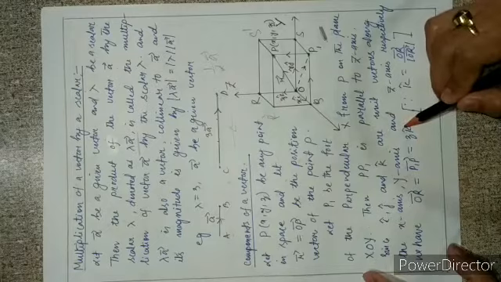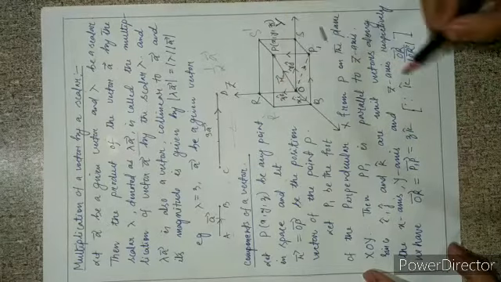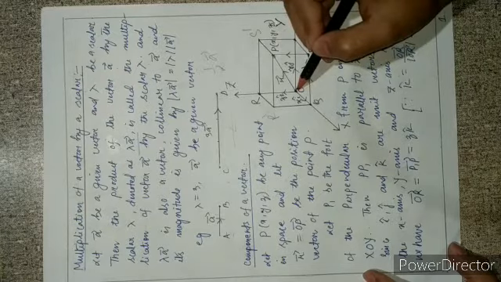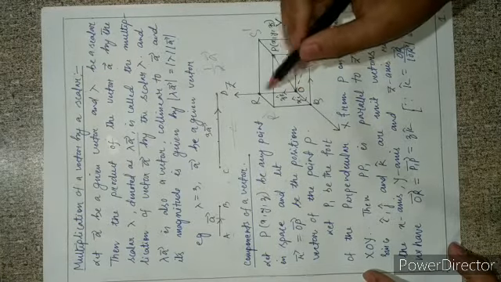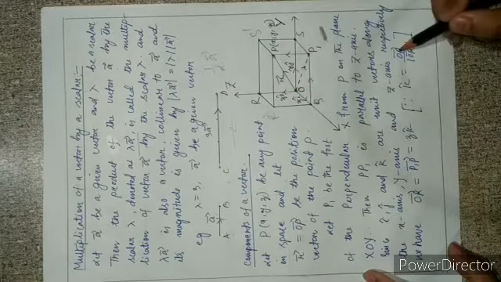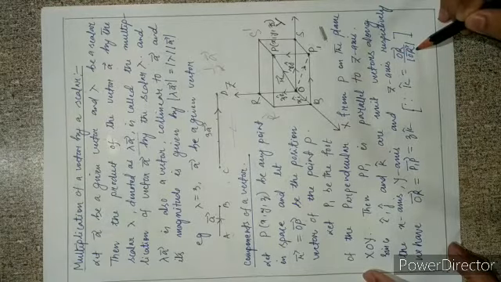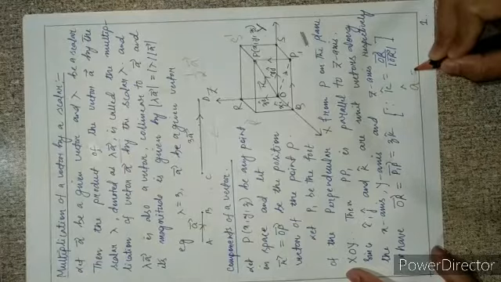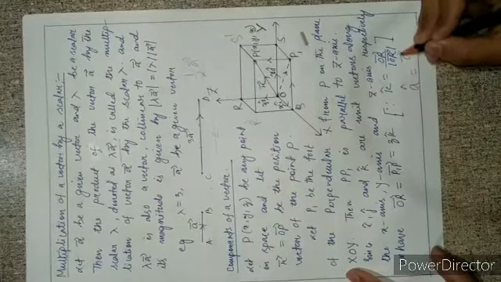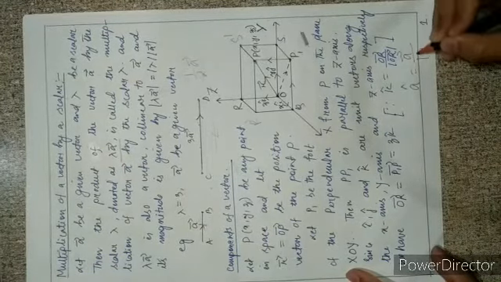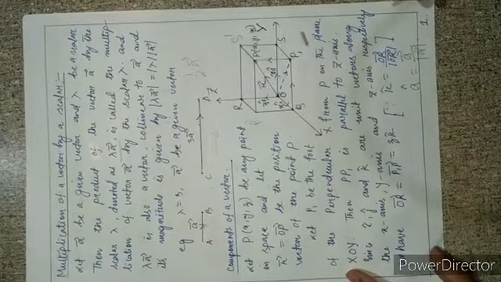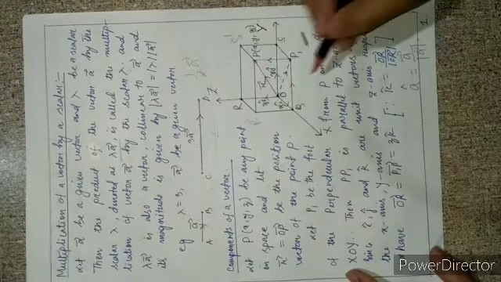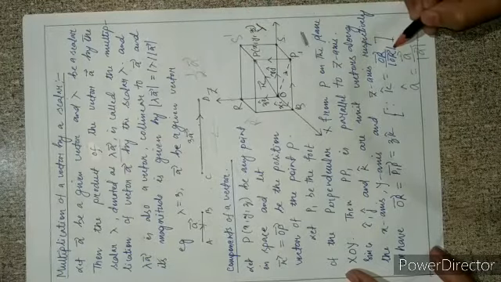K cap can be considered as a unit vector acting along the OR vector, so it is given by OR vector divided by magnitude of OR. Any unit vector is defined as a cap is given by a vector divided by magnitude of a. So k cap is equal to OR vector divided by magnitude of OR.